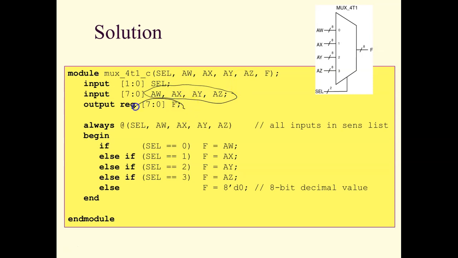The output, of course, is declared as a reg because it's assigned from inside a procedural programming statement, which is the if-else inside an always block. It's actually assigned by this procedural programming statement, which is the if statement. So it's very much the same thing. I'm checking for the select inputs using decimal, which is arbitrary.